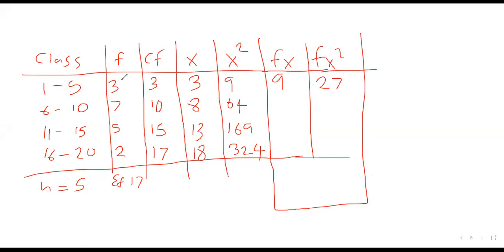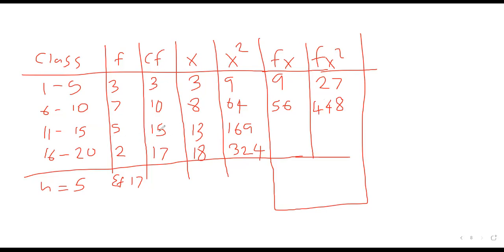Never do that. So 3 times 3, 9. 3 times 9, 27. Again here, we've got 7 times 8, 56. Again, you go to 7 times 64: 448.